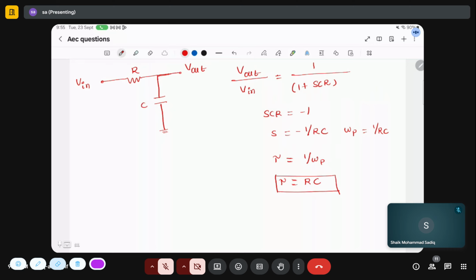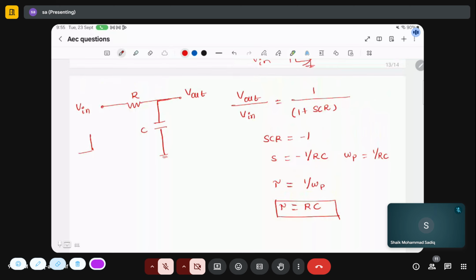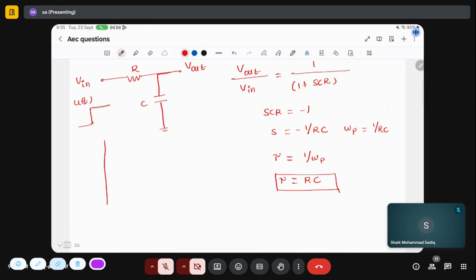So time constant is a point. Let us say I apply one unit step. If I apply one unit step, this capacitance will charge up to 1 volt. Let us say unit step is 1 volt, right?